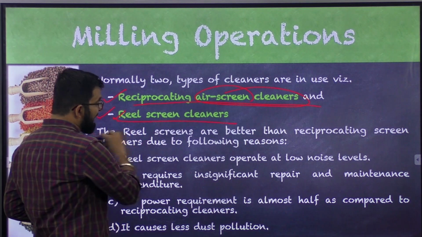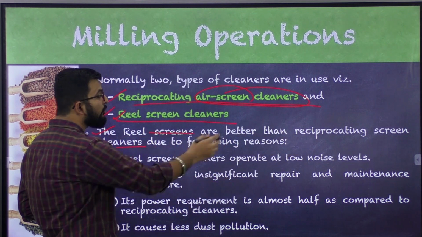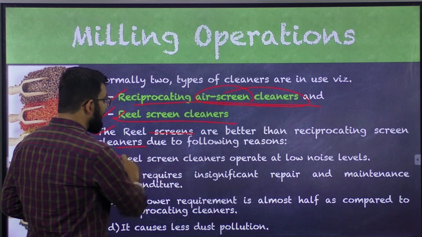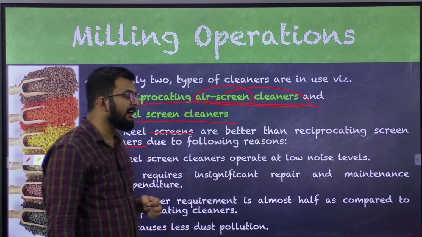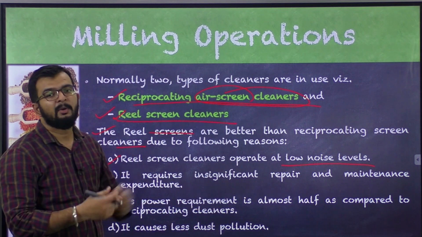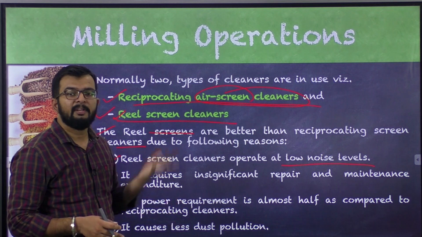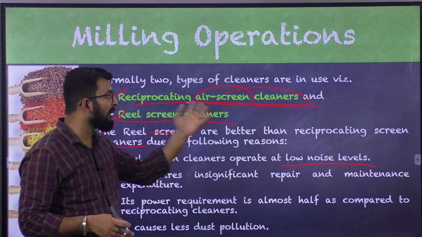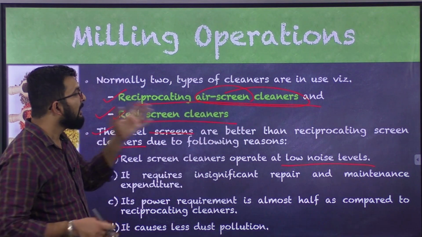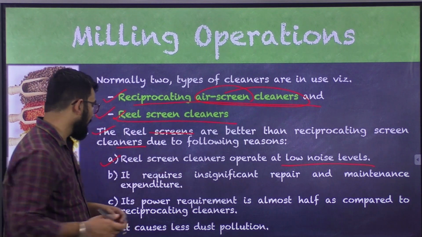Your reel screen cleaners are better than the reciprocating screen cleaners for the following reasons. Reel screen cleaners operate at a low noise level, that is, there is a lot of noise in a milling unit, but compared to reciprocating air screen cleaners, reel screen cleaners make less noise, okay.